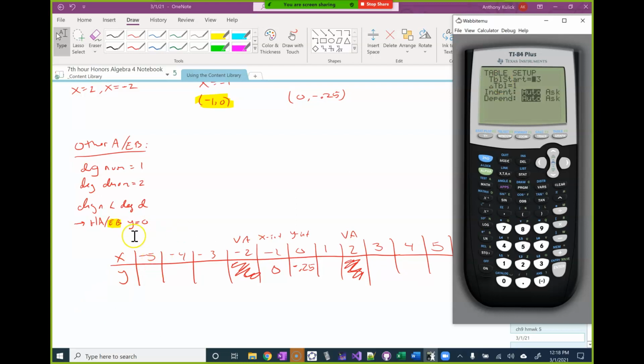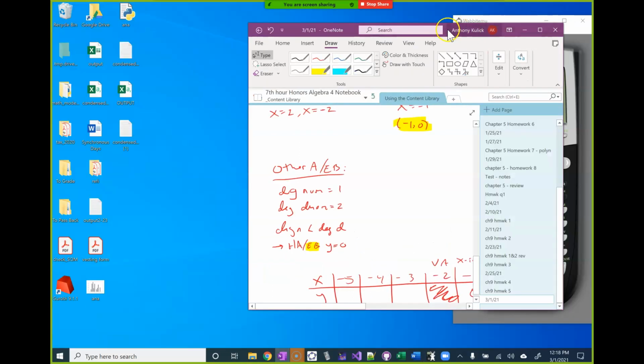I want it to start at negative 5, and I want it to go up by 1s, which looks exactly like the table I've written down on my sheet of paper, right? To look at that table, I press second and the graph button. And I'm just going to copy down some of these values now.